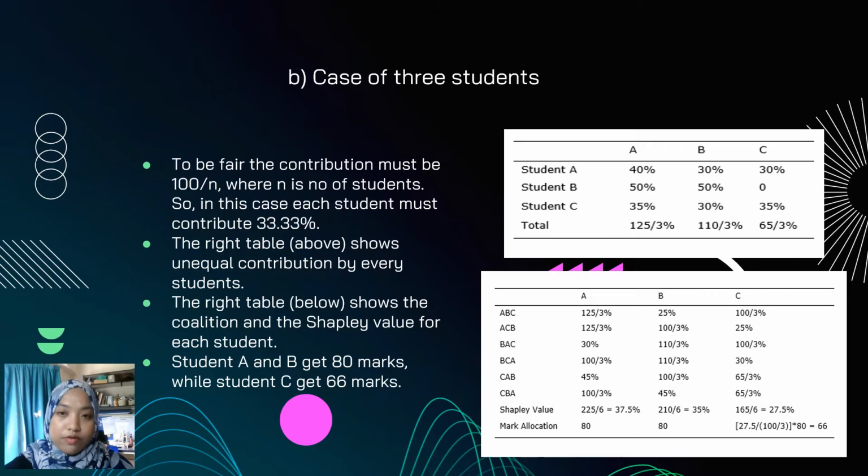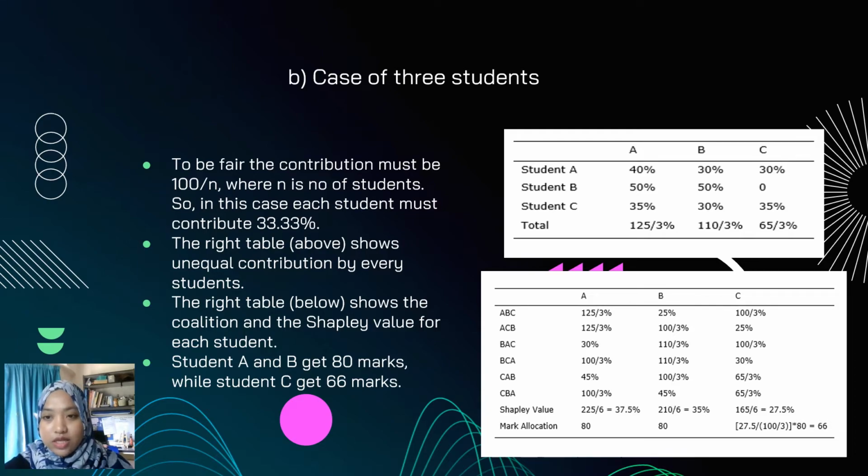So the Shapley value for student A is 37.5% and it is greater than 33.33%. So the mark allocation for student A is 80, and for student B, the Shapley value is also higher than the contribution that they should give, which is 35% is higher than 33.33%. So student B will also get 80 marks.